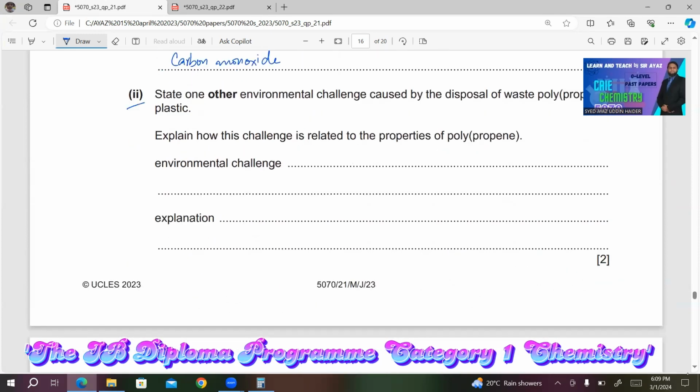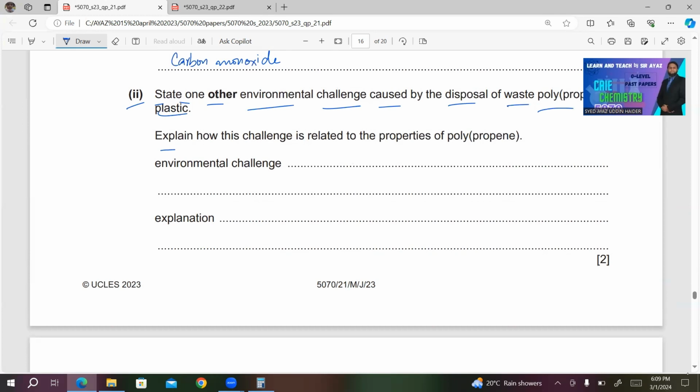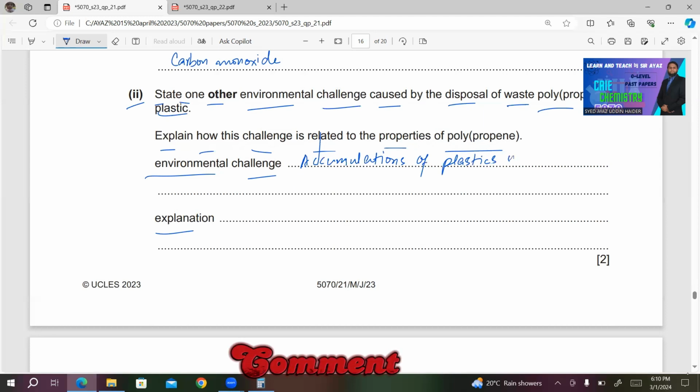Number 2. State one other environmental challenge caused by the disposal of waste polypropylene plastic. Explain how this challenge is related to the properties of polypropylene. You can have an accumulation of plastics in the ocean or landfill.